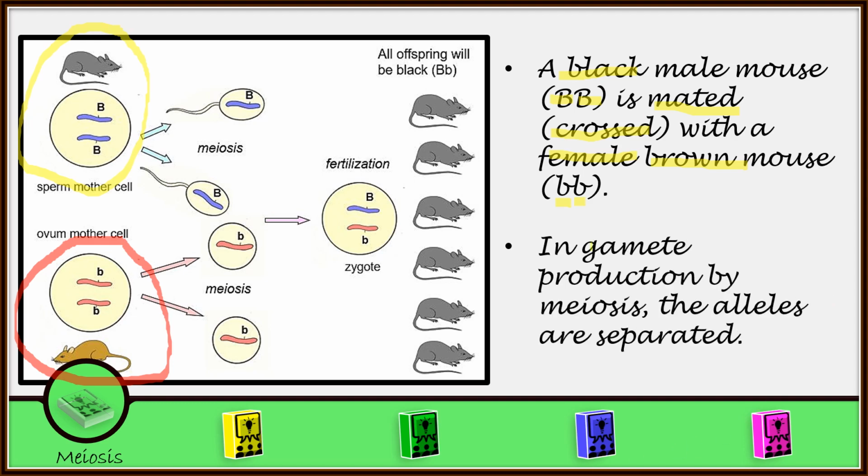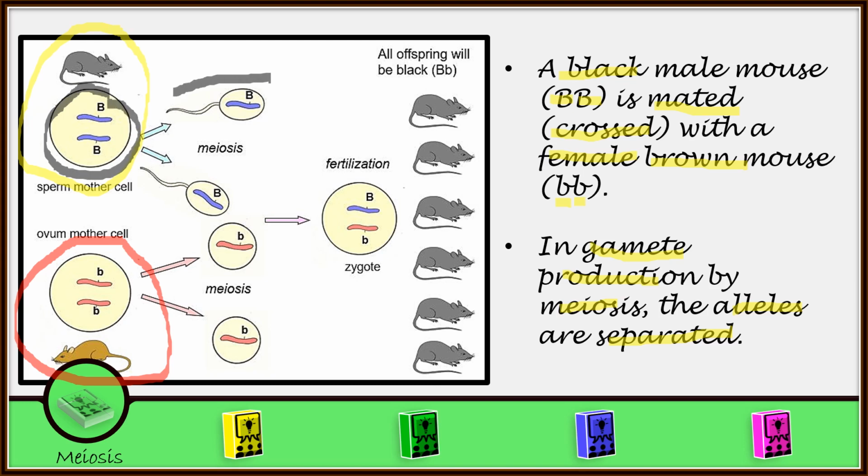So, in gamete production by meiosis, the alleles are separated. So let us say that we are going to produce gametes. If we are to produce gametes, here up, we are going to produce two types of gametes.